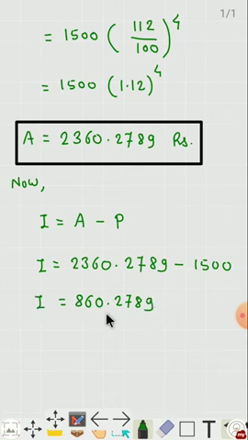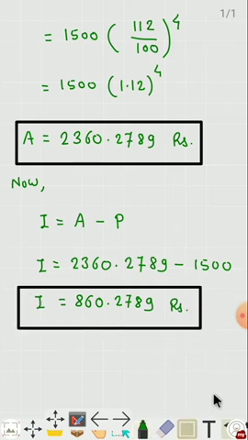So this is the interest I in rupees. Okay, this is the compound interest which we get after 4 years.